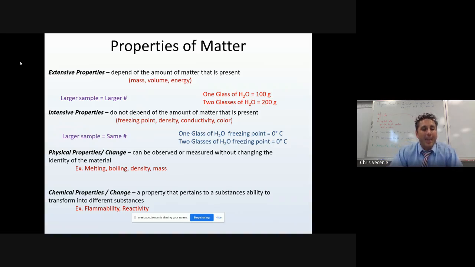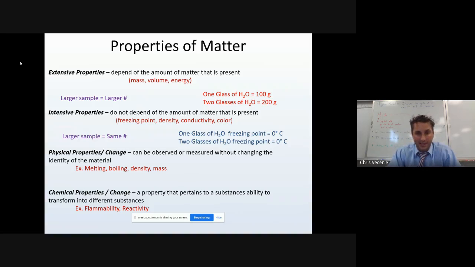Chemical properties are things that, if we test for them and they have that property, will transform the sample into something different. Once we transform it, we can't get it back to the original substance. Your chemical changes usually include things like burning.